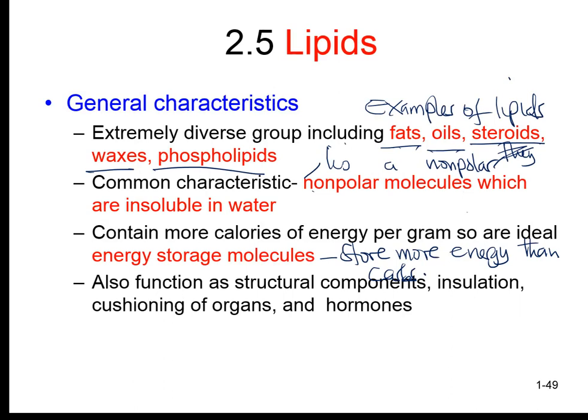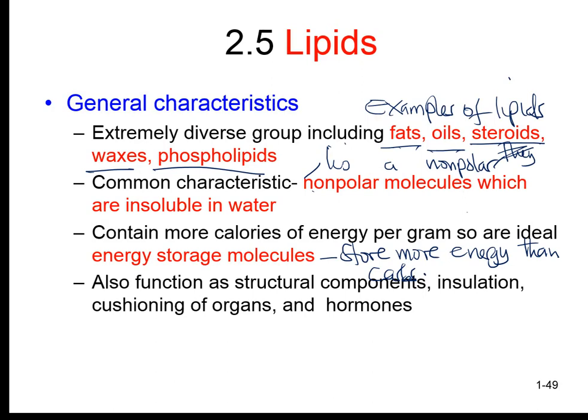So sometimes they also help with structure, like we see with cellulose. So they also function as structural components, but mostly we use them for insulation. People in Alaska have a lot of fat to insulate them from the cold. It's very cold there.